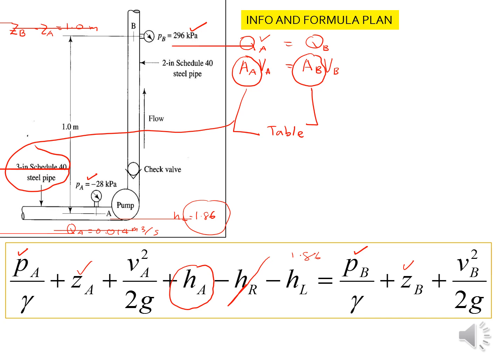For the area at B, it can be determined from the table by referring to 2-inch schedule 40. That means we have to refer to the table in order to get the area based on the spec given.